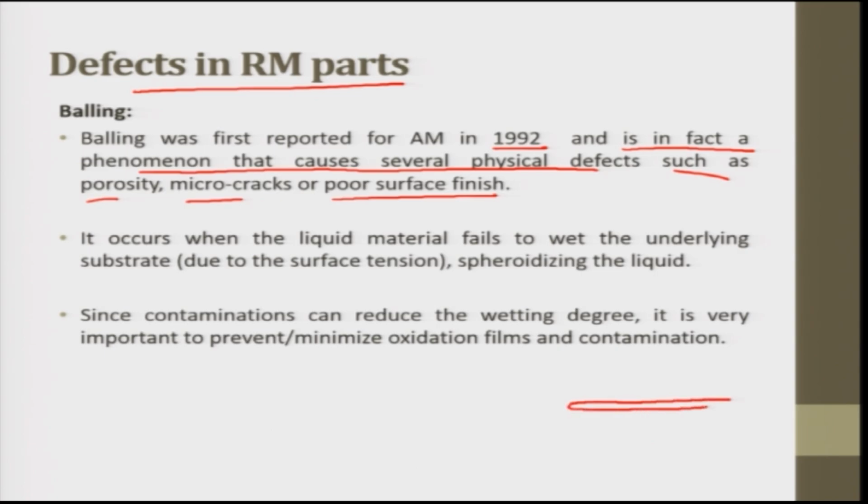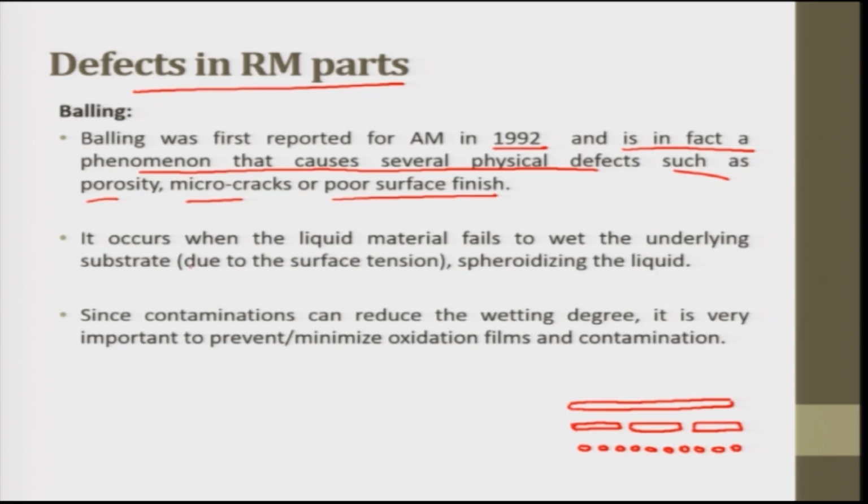But sometimes the speed of the ejection of the material from the nozzle is lower and the nozzle speed is higher. So, the nozzle is moving faster. What happens? This has some breaks in between. The material is making drops like this. So, this is known as balling.